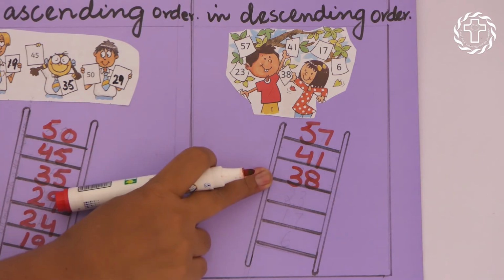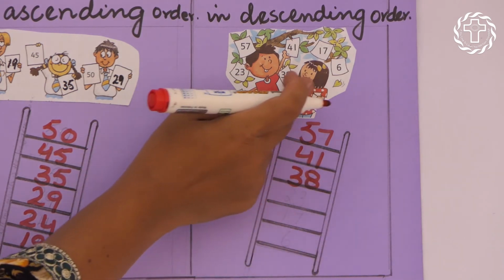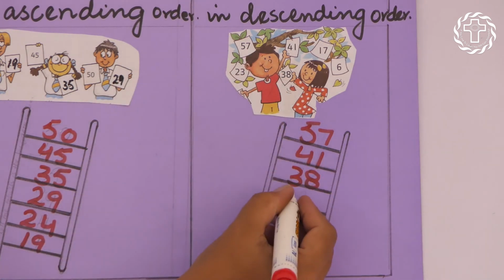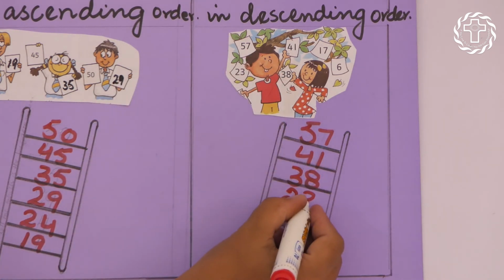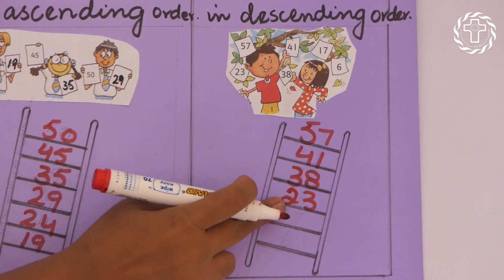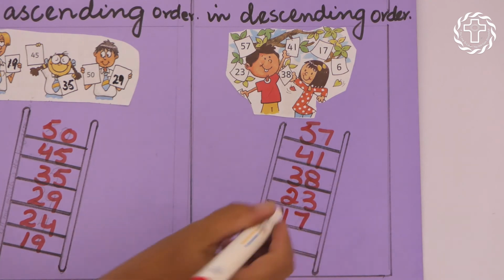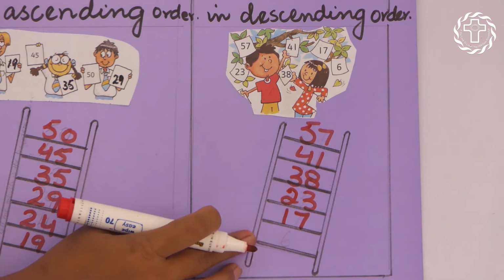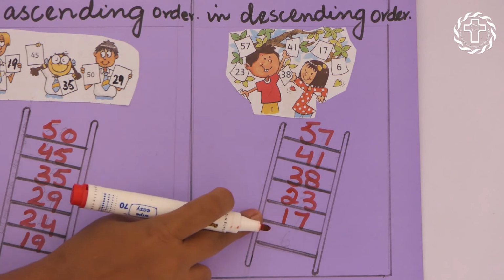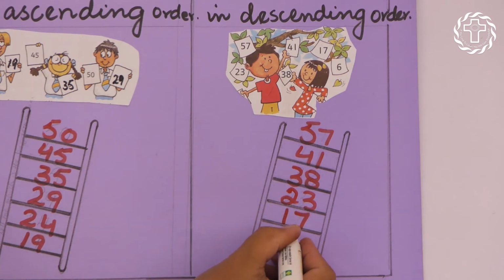Which is the smallest number from 38? 23. Which is the smallest number from 23? 17. Okay, last one, student, tell me. Which is the smallest number from 17? 6.